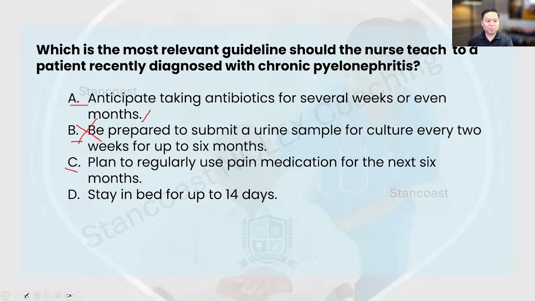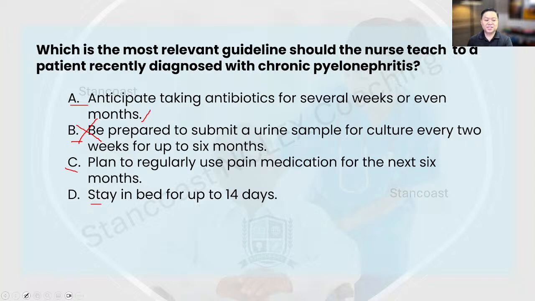What about letter C? Plan to regularly use pain medication for the next 6 months. Well, same thing with letter D, stay in bed for up to 14 days. These are some sort of an overkill as well. Even though we're going to provide them adequate bed rest or pain relief with prescription medication, this is only going to be required during the acute phase, right?